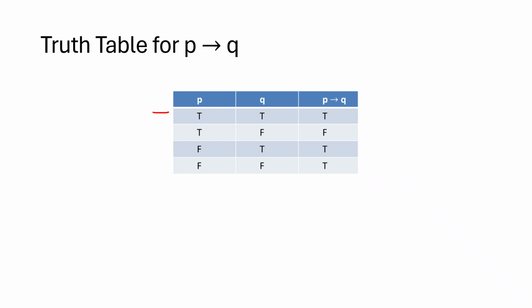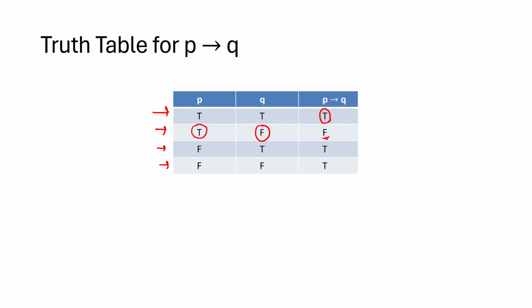Now, the first case says, if true, then true. So the premise is true, the conclusion is true, and it's intuitive that the implication must be true in this case. The second case is also intuitive. If your premise is true, but your conclusion is false, then the implication is false, right? Now, the third one and also the fourth one are the ones that, if this is your first time seeing implication in logic, are a little bit counterintuitive.